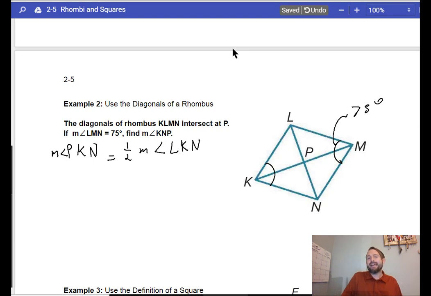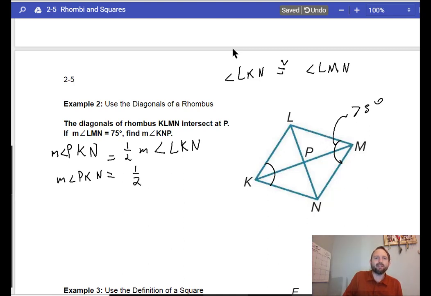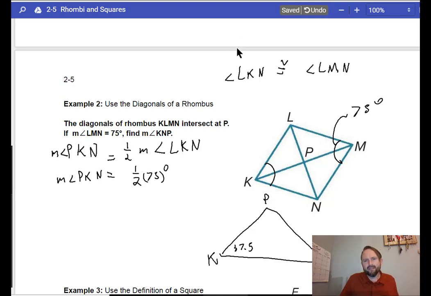And I know that LKN is congruent to LMN, which is 75 degrees. So I know that the measure of angle PKN is equal to half of 75 degrees. So this is what I have so far.